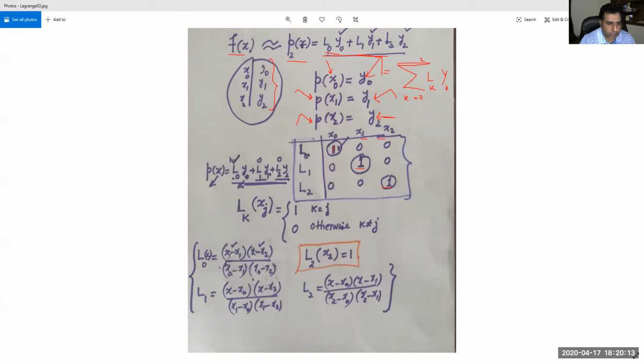If you put x naught here, you see numerator and denominator are the same, so they will cancel and you will get 1. And if you put any other value of x in this L naught, like x1, this factor will be 0 and the overall value will be 0. At x2, this second factor will be 0. So it is active only at one node.